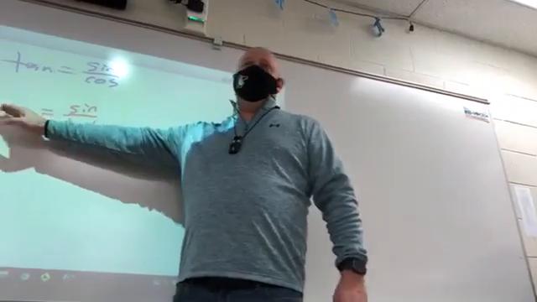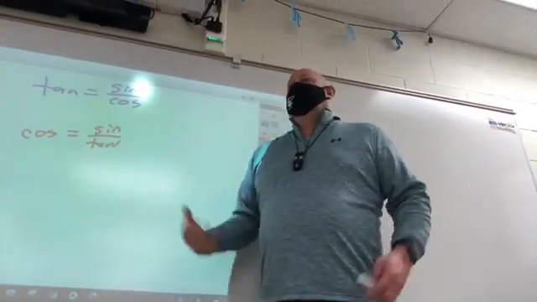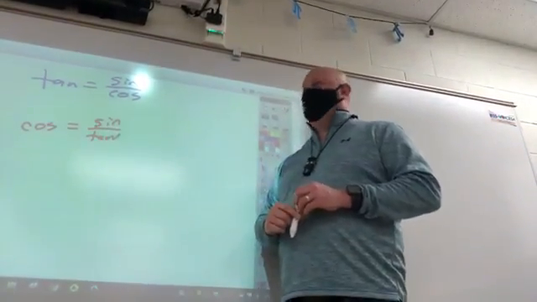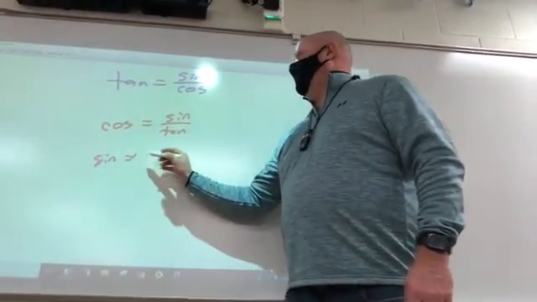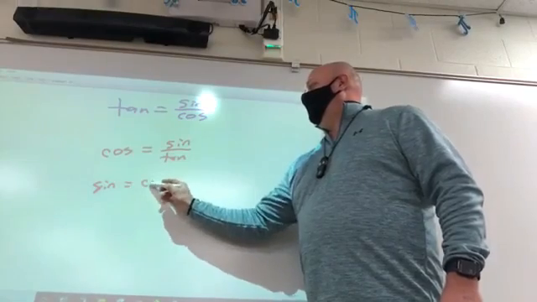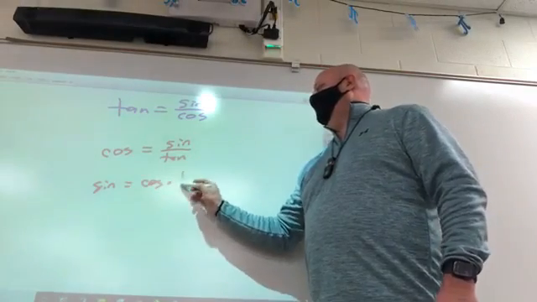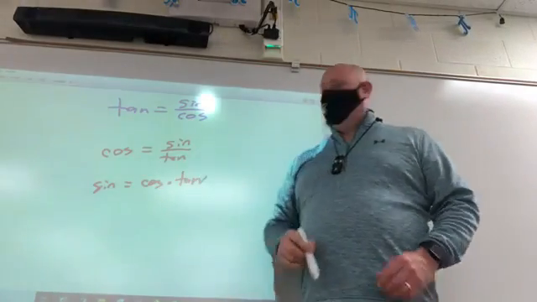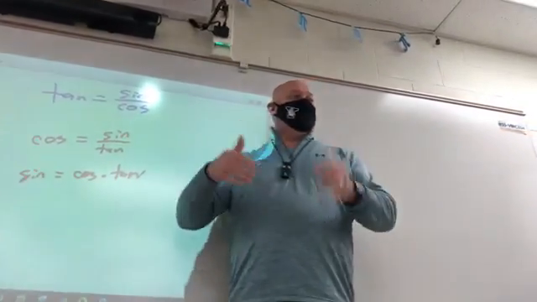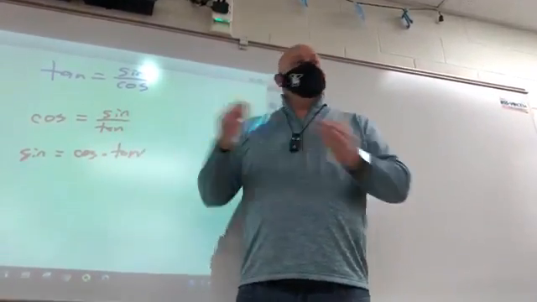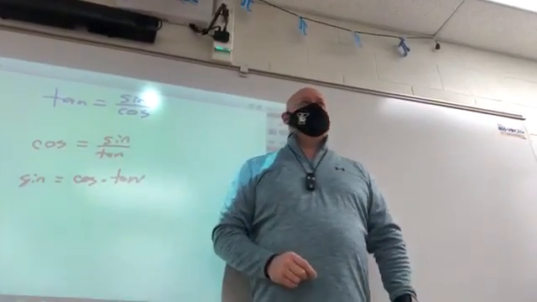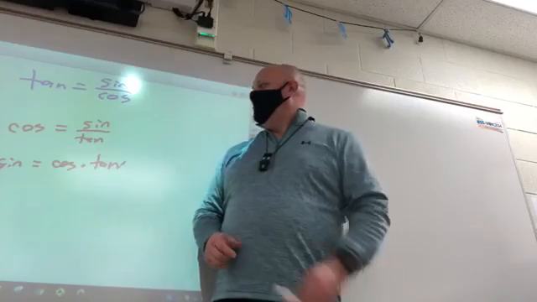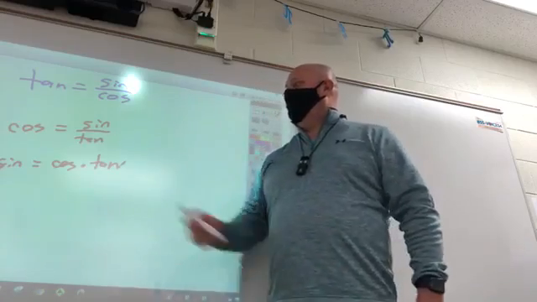Or vice versa. If I see a cosine, I can turn it into that. What's another thing I could do? Sine will equal cosine times a tangent, right? So if I ever see a cosine times tangent or a tangent times cosine, because that's the commutative property basically, right?